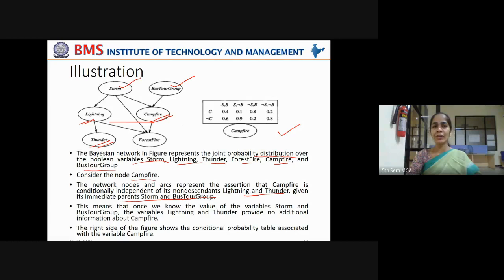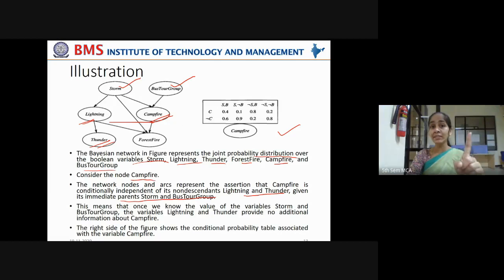In a general sense, we know that when a storm occurs and the Bus tour group comes for a trip, then a campfire will be established. That is common sense, but the probabilistic approach supports it. That is why I'm saying setting up the campfire may increase or reduce, because you think I don't have common sense. I can't say that the occurrence of storm and the Bus tour group coming together will increase or reduce the probability of campfire.